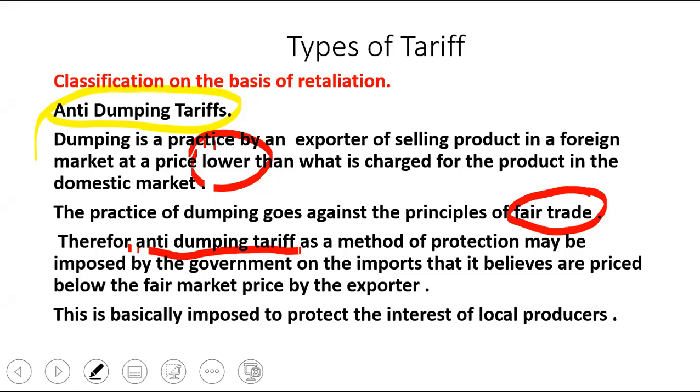What is the belief? Anti-dumping is only a protection. Protection for what? Protecting the domestic country against the cheap imports. Take down that: the very purpose of anti-dumping is to protect the domestic industry against the cheap imports.